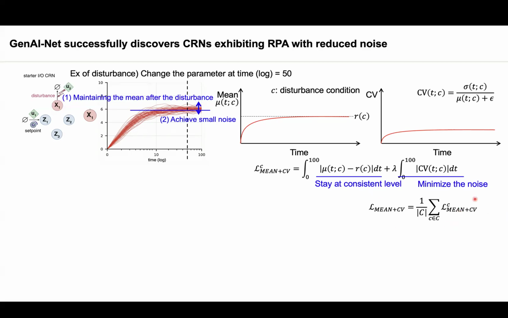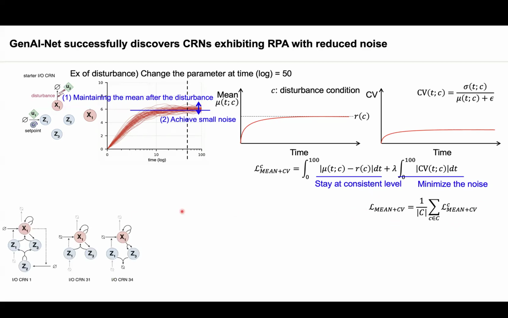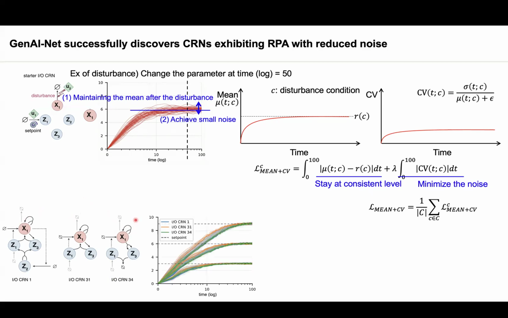Using this loss function, we can generate multiple theorems. As you can see in this graph, all the theorems achieve the desired mean level even after the perturbation.